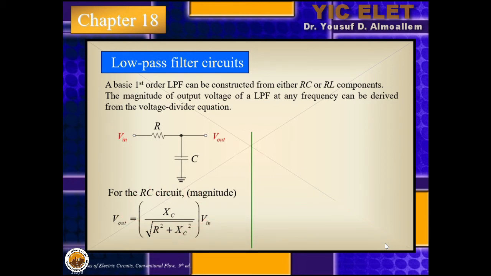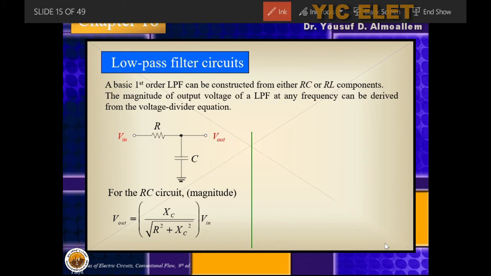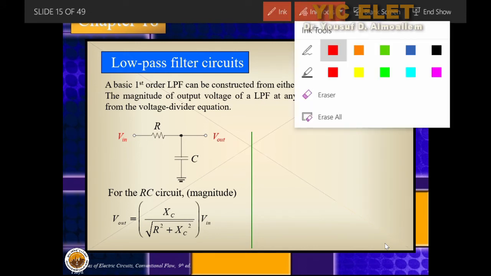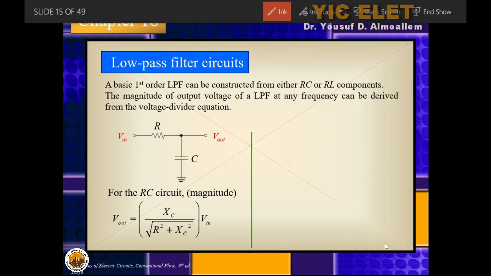Okay, now let's see whether this will be a low pass filter or not. Let me use this ink. At a low frequency, similar to DC, the capacitor will act as an open circuit, so there will be no C over here.